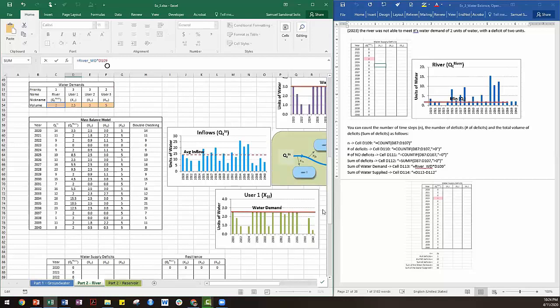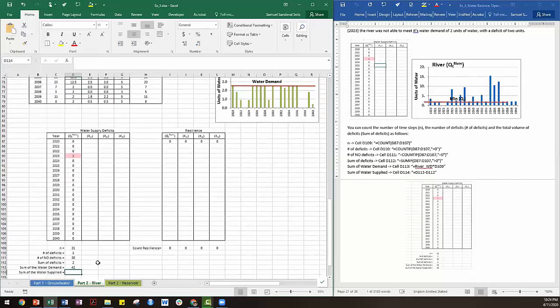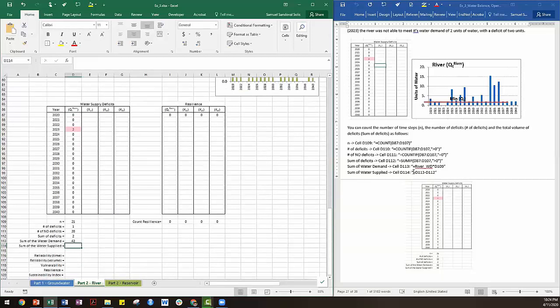So that's the total water demand during those 21 years. Lastly, what we're going to estimate is the sum of the water supplies. And that is pretty simple, because basically it's the sum of the water demands minus the sum of the deficits. So that's how much it is.